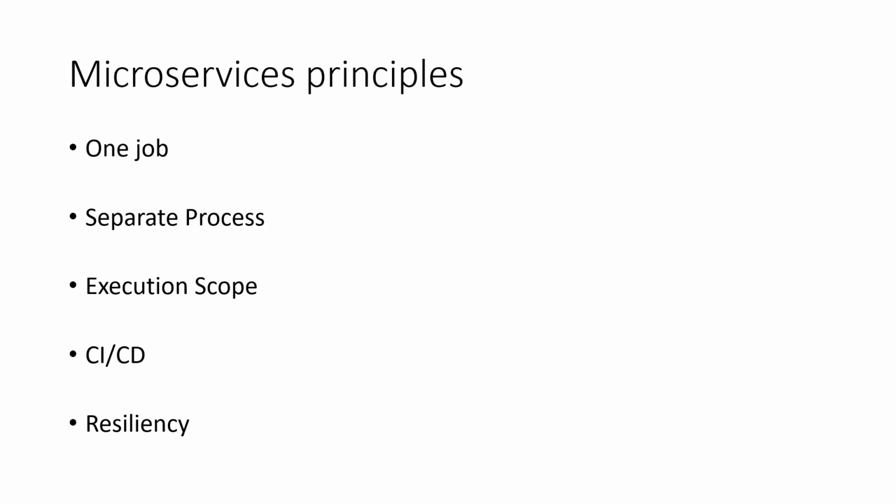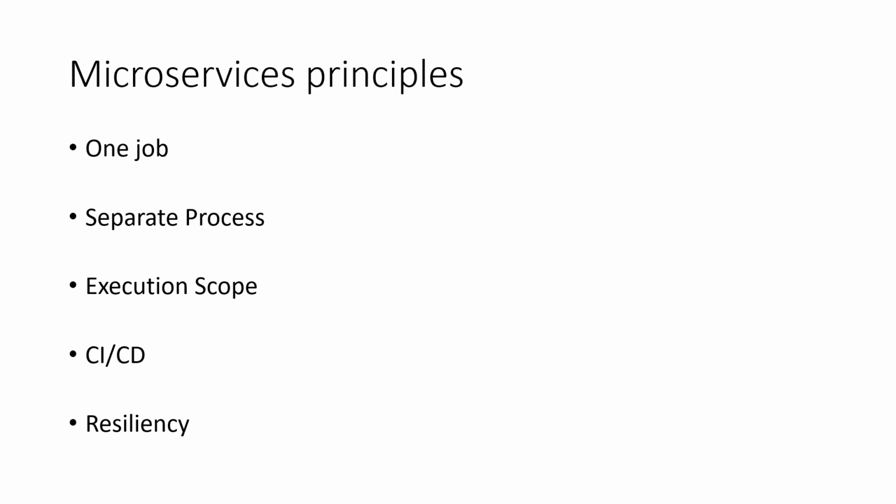Separate process. Communication between microservices must be conducted through an API and message broker. All communications from a microservice to another service must be through a service API, or must explicitly follow a communication pattern. The next one is about execution scope.